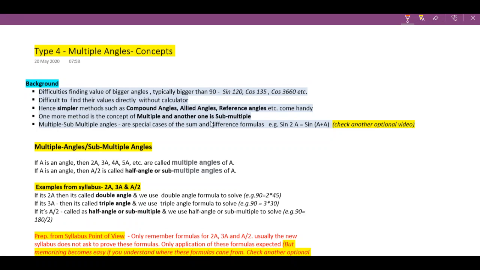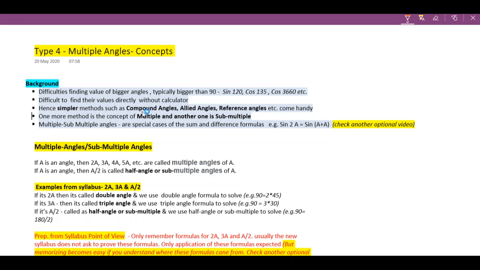For example, typically greater than 90, like 120, 135, 300, 660. The same need was there in allied angles, where the value of the angle is too large for you to calculate. And anyway, you're not allowed to use a calculator. Then how do you do that?